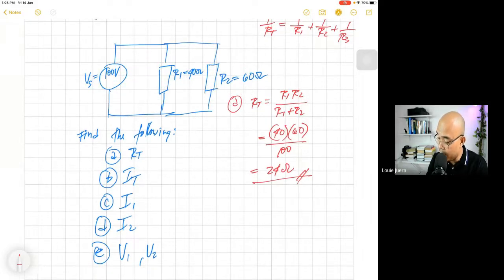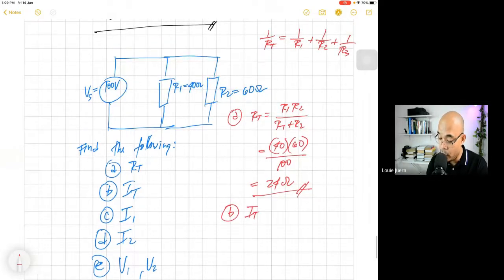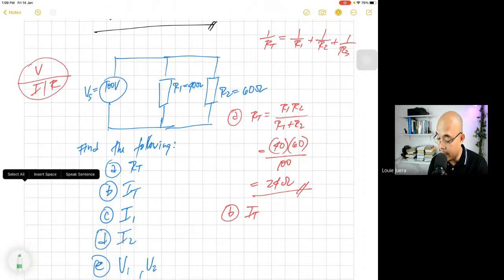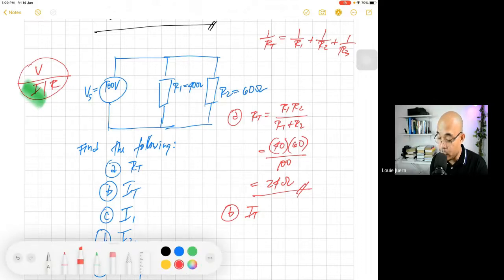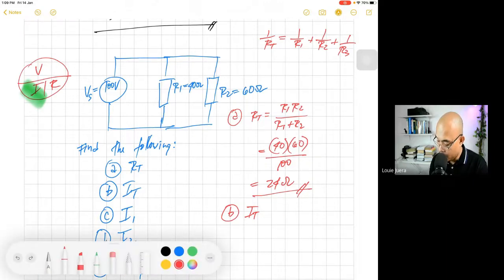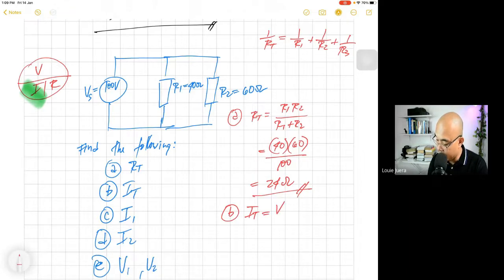Now, let's solve the I total. Again, if we're going to use V = IR and find the current, you just have to put your finger on the I. As we can see here, to get the I, we just have to divide the voltage by the resistance. But in this case, since we are interested in finding the I total, we have to put total here and total here.